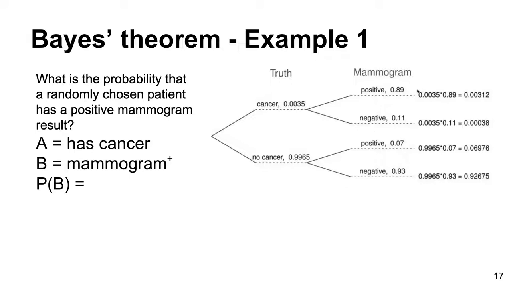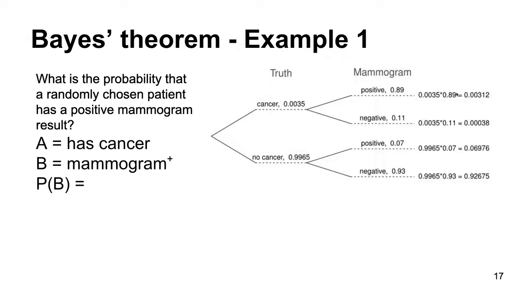If we know that, then we can calculate all of these joint probabilities right here, these numbers on the very right hand of the slide. Okay? What is the probability that they have cancer and are positive? Well, we take the probability of having cancer times the conditional probability of being positive given that you have cancer.